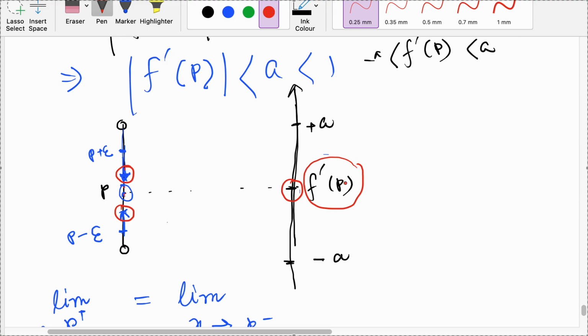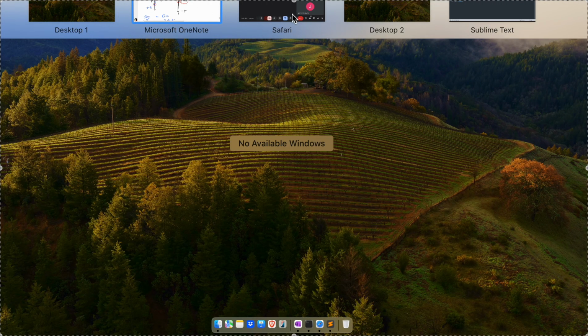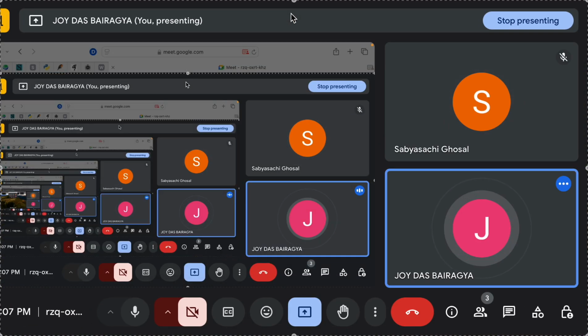If it is close to f prime p, then since f prime p remains between plus a and minus a, these values should also remain between plus a and minus a, because these are very close to f prime p. Is it clear? So that means you will find an interval where f prime x remains very close to f prime p.